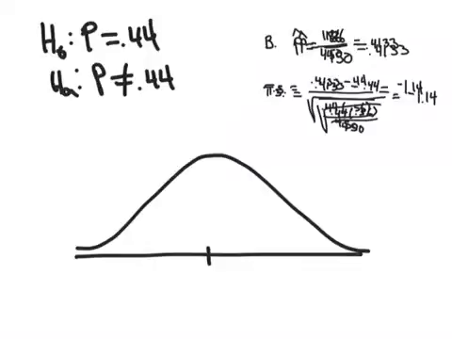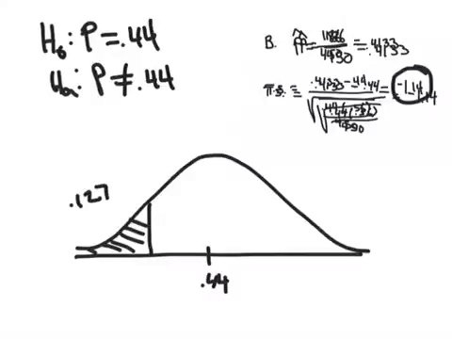Here's where you say 0.44 is, somewhere there. And we come down here 1.14 standard deviations below that and say, well, what is that? Oh, right, we got to do normal CDF. So if we do the normal CDF for negative 1.14, we are going to get a value of about 0.127. So that is this area right here. This area is about 13%.